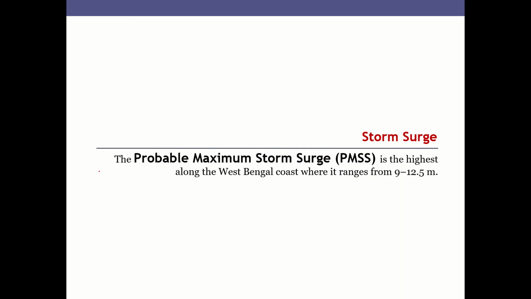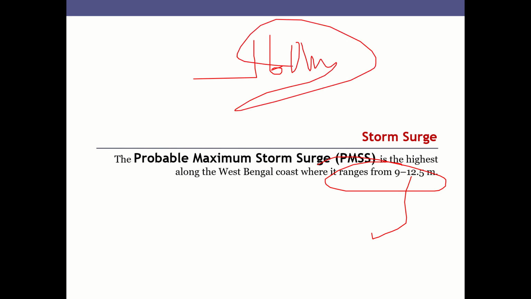So when we say storm surge, if you see diagrammatically, as I have shown in the initial case, the extent of impact can be felt up to 160 kilometers as well. The water can rise up to 12 meters high and more.